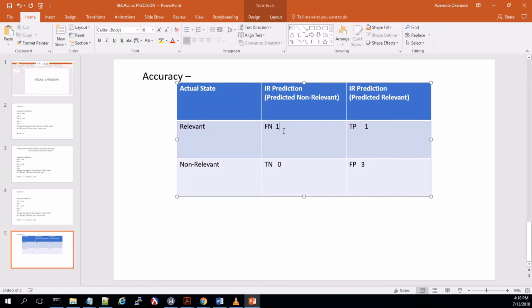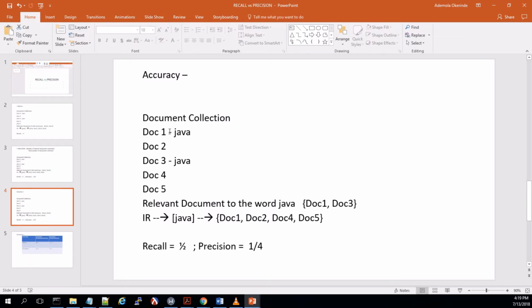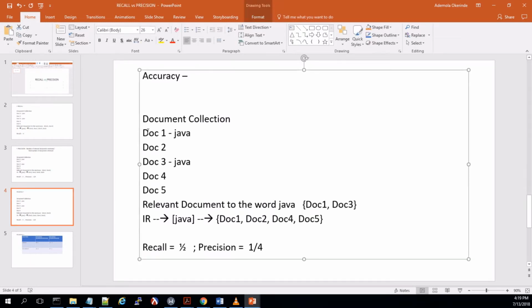Now we look at the false negative. So the false negatives are actually in our document collection. How many of them are actually supposed to be returned by the IR system, but were not returned by the IR system? It's very tricky, and you need to do a lot of practice to be able to get this.